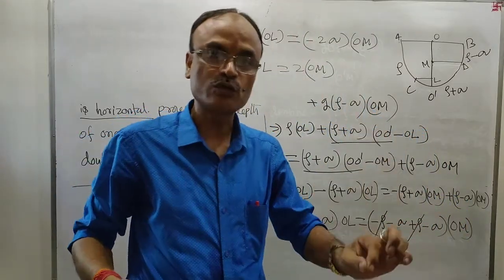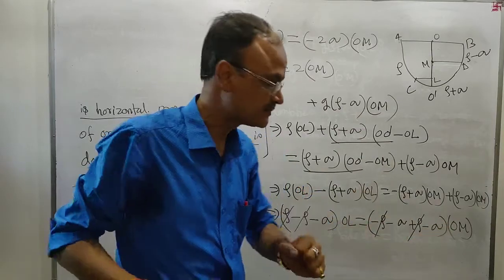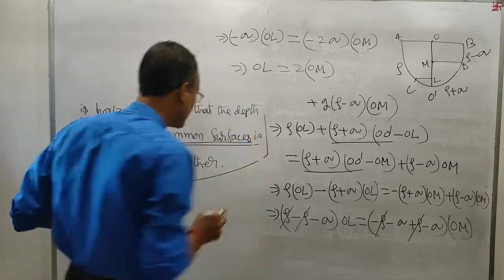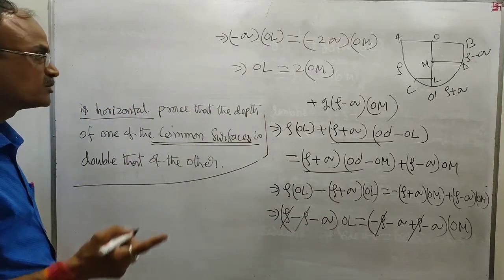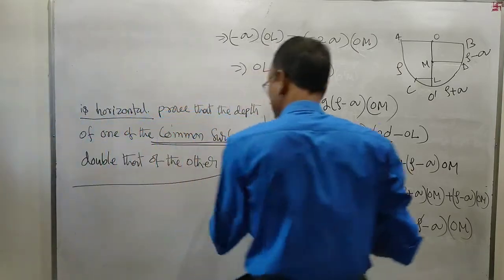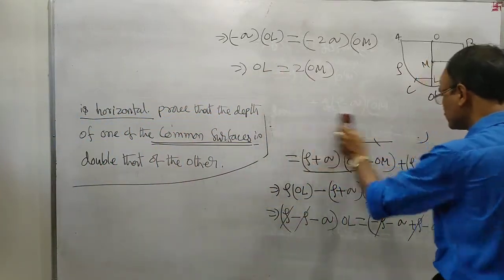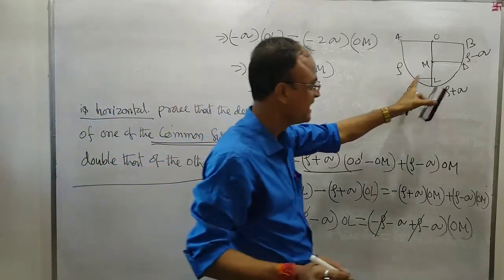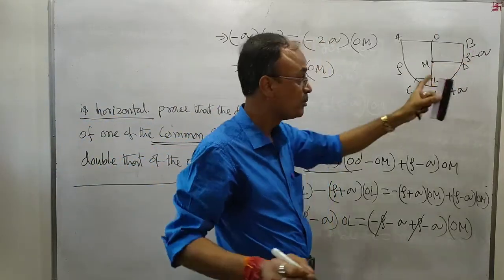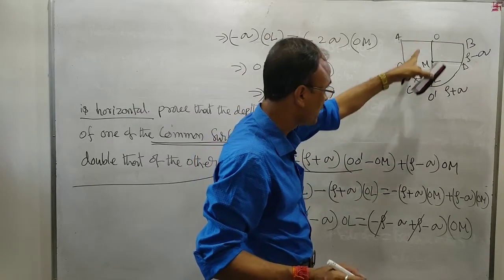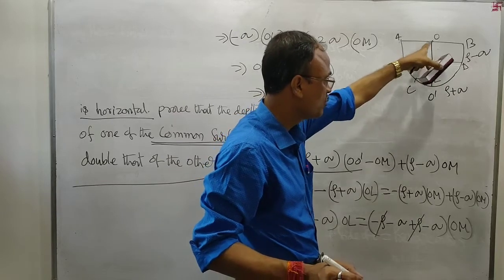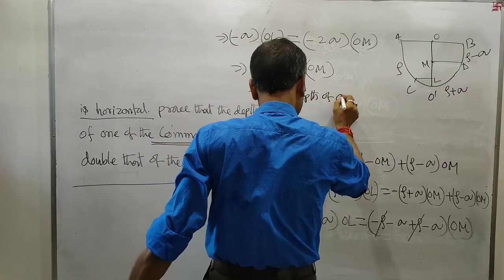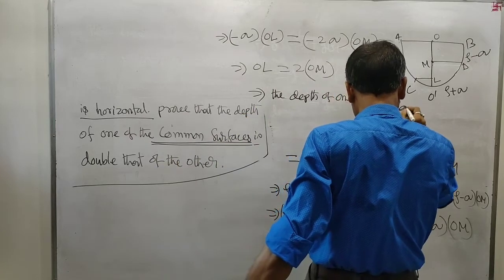This means the depth of one common surface is twice the depth of the other. It should have been: depth of one of the common surfaces. Two common surfaces are there, C and D. Depth means its depth from the bounding diameter, from O, the vertical distance.